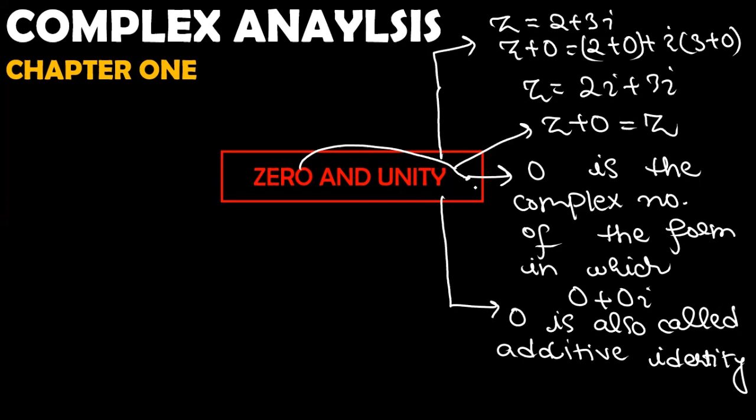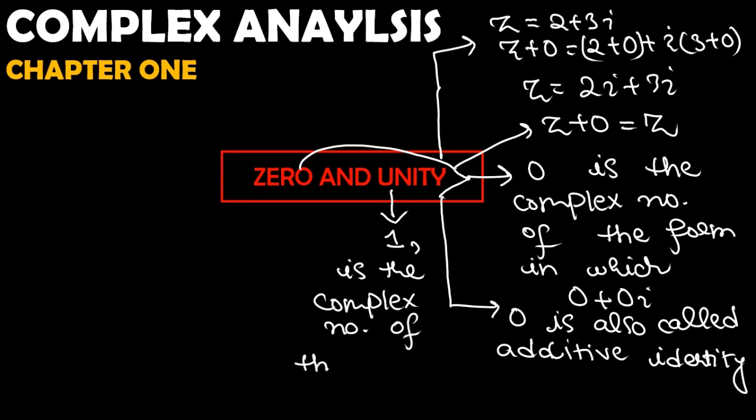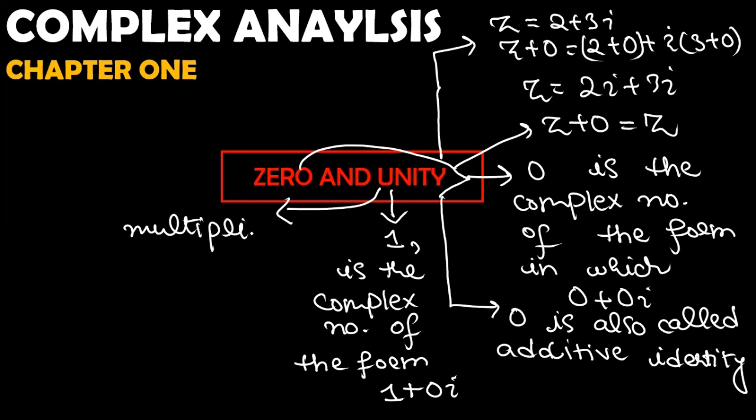Okay, so now unity. Unity is 1. And remember that 1 is also a complex number of the form 1 plus 0 iota, where the real part is 1 while the imaginary part is 0. This unity is called the multiplicative identity.